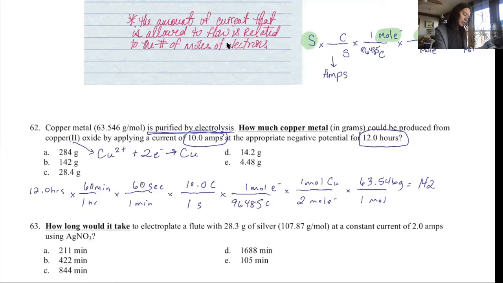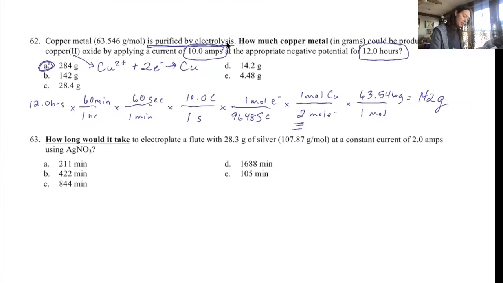And we see that that's an option, 142 grams. Okay, notice letter A, that was if you forgot the 2. So they were prepared for you.